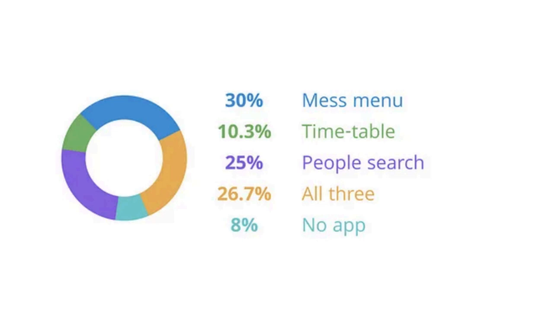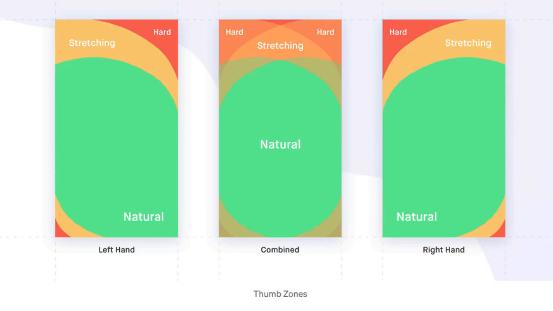This helped him decide which features are the most important among the students, like food menus. He also looked at where the thumb can reach on a full screen. This helped him put buttons in easy-to-reach places, but he could have used more numbers to back up his ideas. Looking at how people use the app could have given even more.